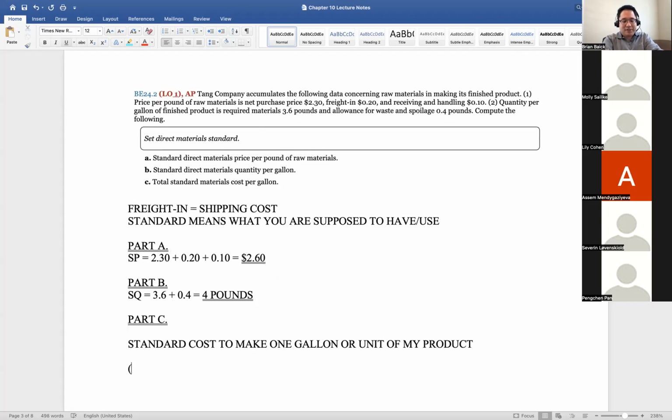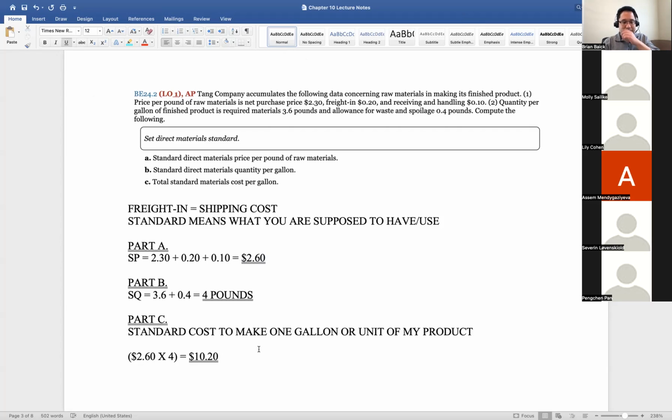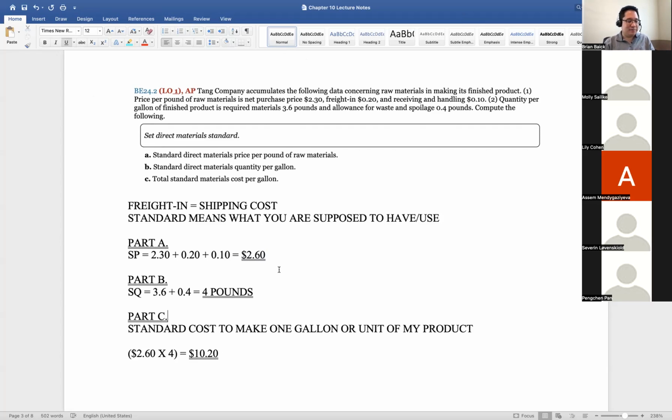I'm supposed to spend $2.60, that's the standard price per pound. I'm supposed to use 4 pounds. So how much is it supposed to cost to make 1 unit of my product? $10.20. Very good. Any questions on this one?